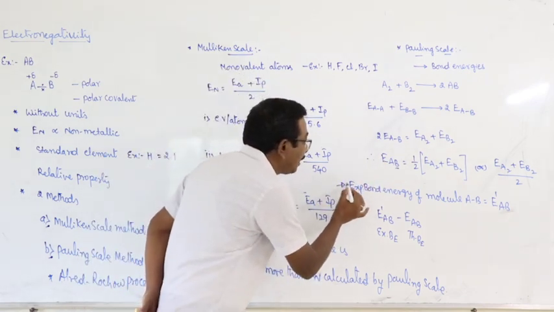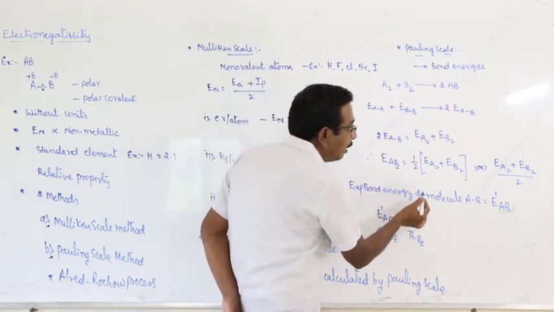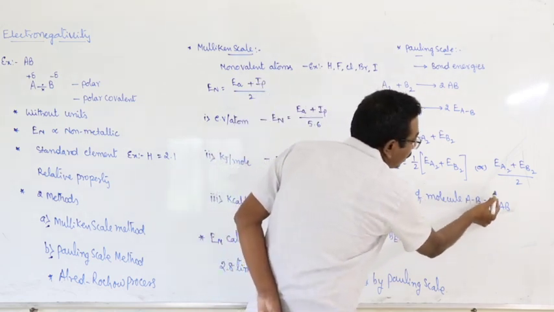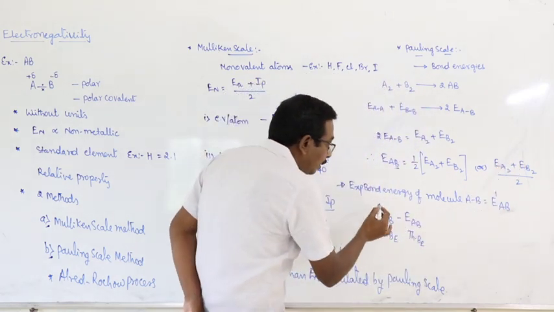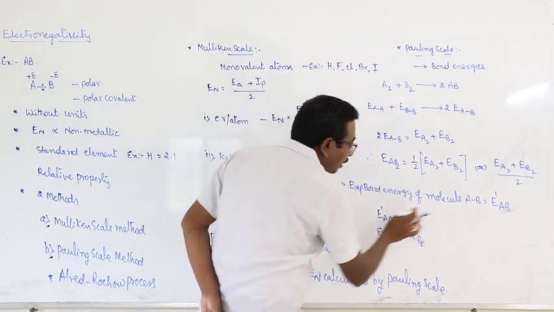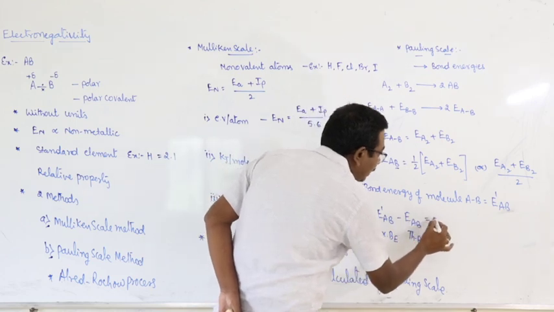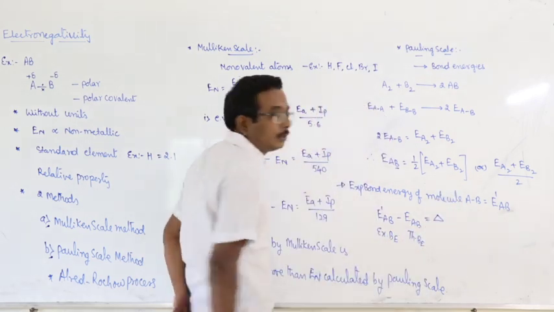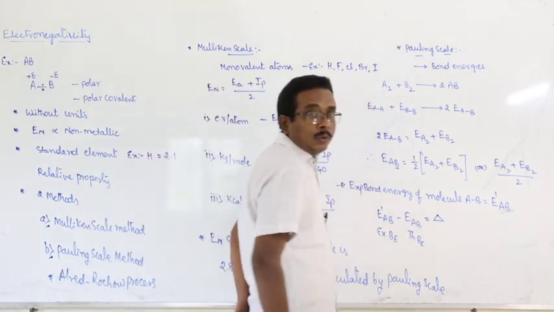Now, the experimentally calculated or experimentally given bond energy of molecule AB is equal to E dash AB. Now, the difference between the experimentally calculated bond energy and theoretically calculated bond energy is equal to delta.